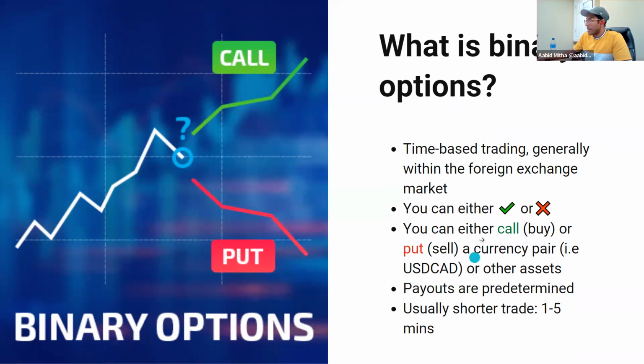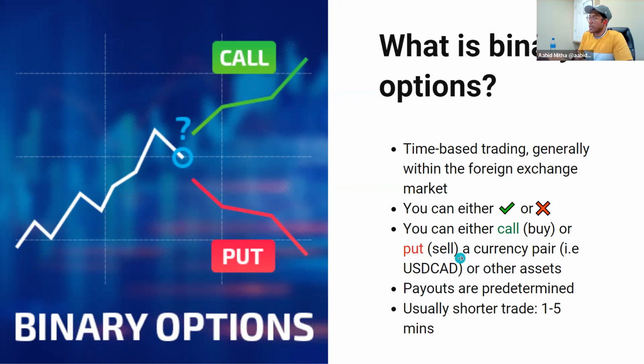Like we said, you can use binary options on any currency pair, such as USD Canadian dollar, but you can also use binary options on other assets, such as Bitcoin. I personally only trade the currency pairs within the foreign exchange market for binary options, but the other assets are also available, depending on the broker that you use.